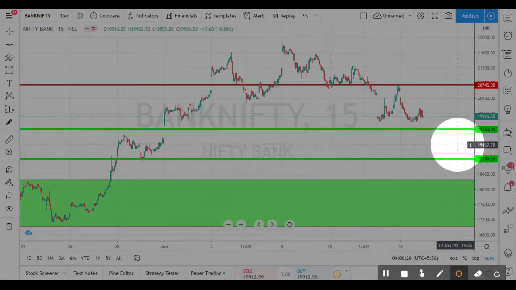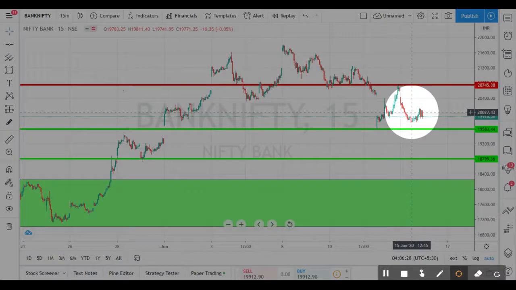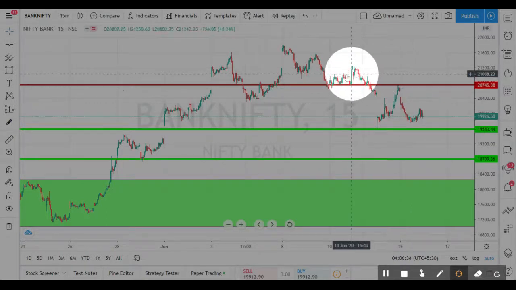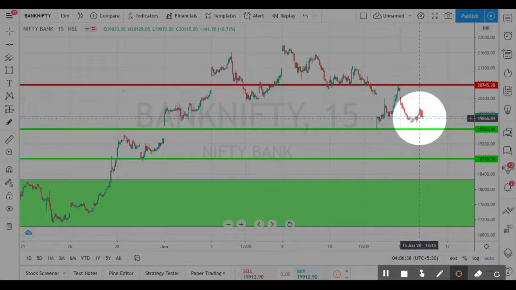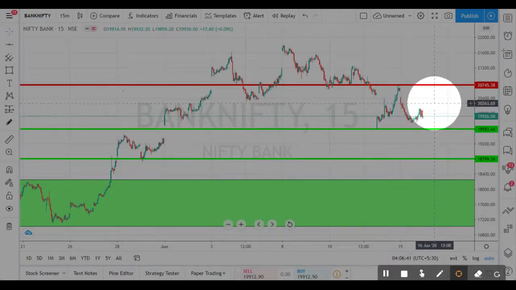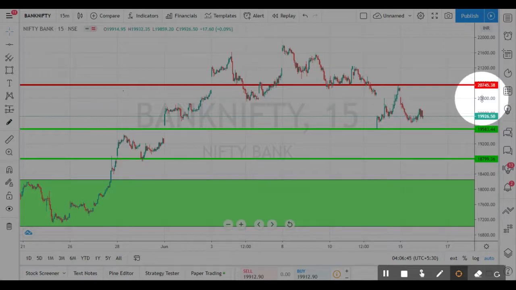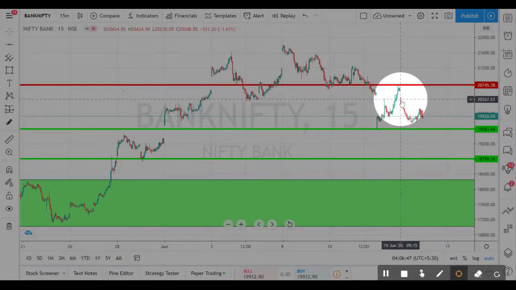So my friend, for the coming trading session, as we can see from higher, market is in a downtrend, selling pressure. Even if market opens higher till 20,400, this is a selling area.